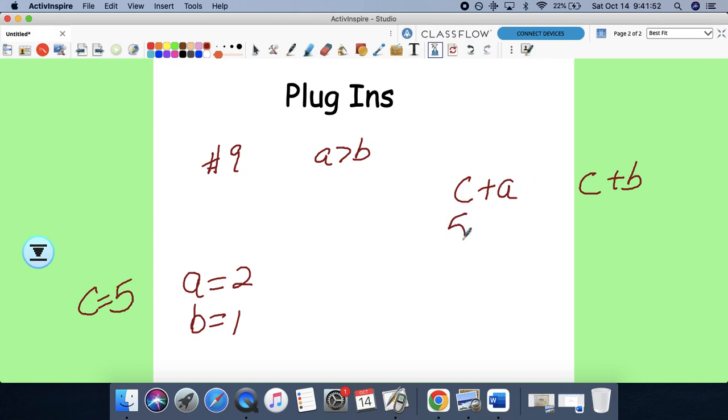So if this is 5, A equals 2. And this is B is 5 as well, and B equals 1. How much greater is the sum of C and A than the sum of C and B? Well, this would be 7 and this would be 6. Let's see.